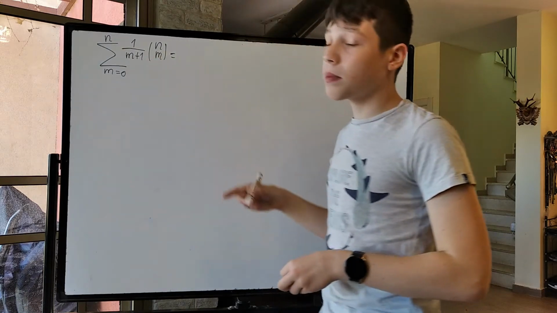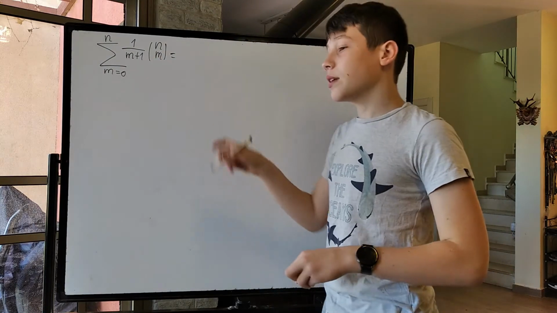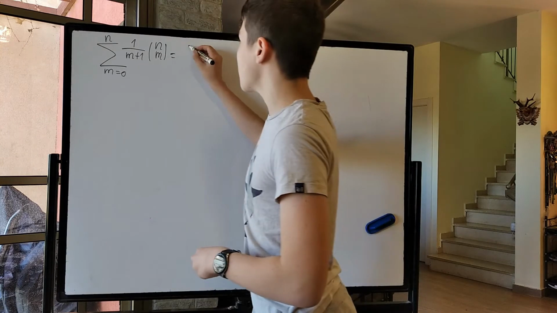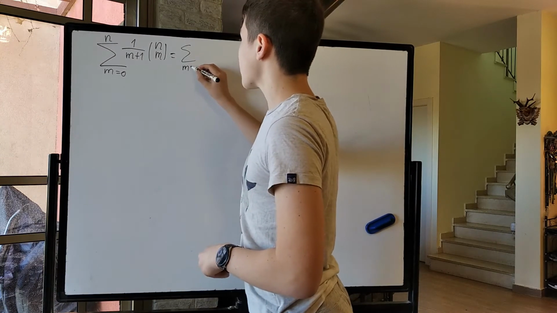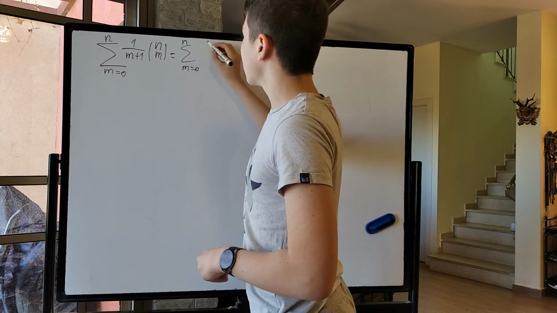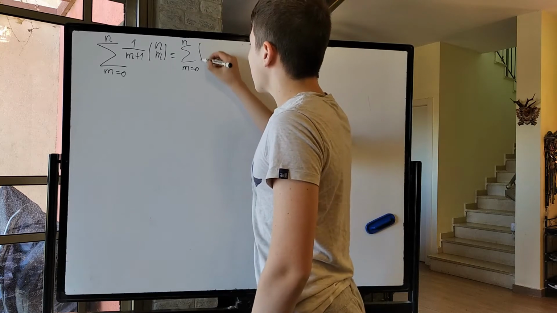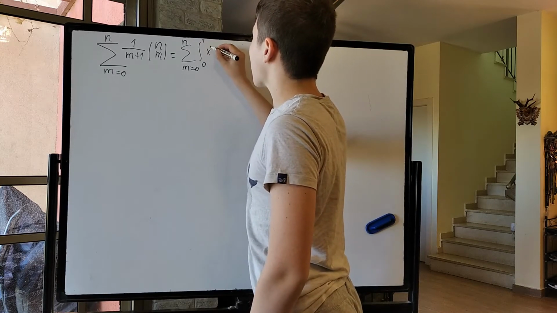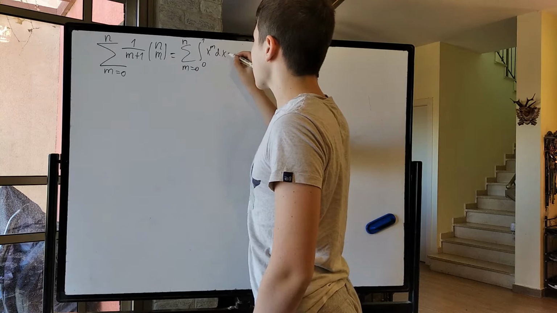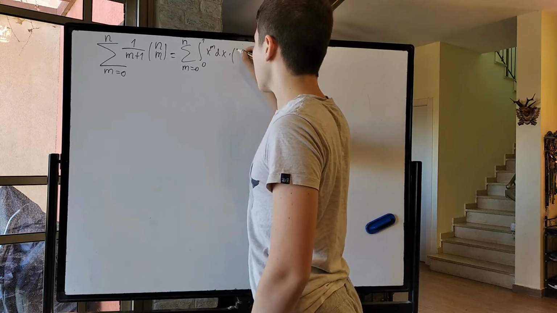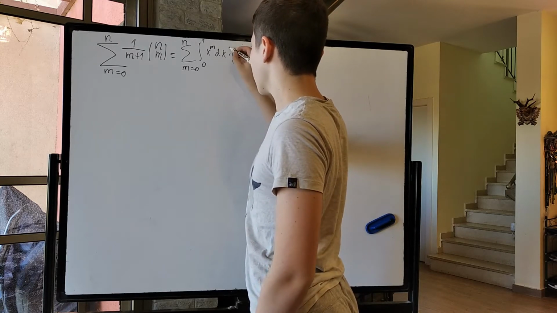And so we can replace 1 over m plus 1 with, like I said, the integral from 0 to 1 of x to the m dx. So let's write that. The integral from 0 to 1 of x to the m dx times n choose m.